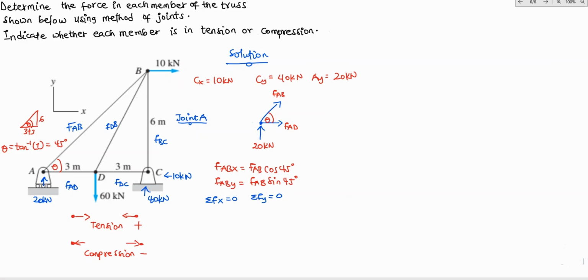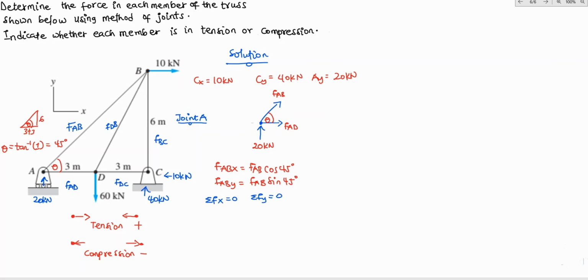Looking at joint A, we considered FAB to be moving away from the joint, which means FAB will be in tension. FAD also is going to be in tension because they are pulling away from the pin joint. But if at the end of the calculation you get negative answers for any of them, that means the direction you chose should rather be the other direction, the negative direction, not the positive direction that you chose.